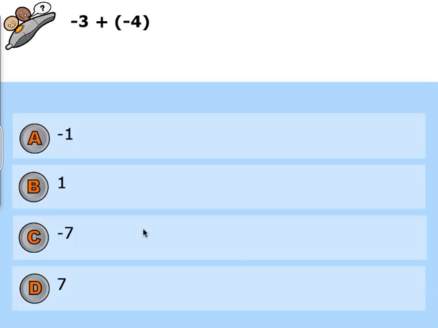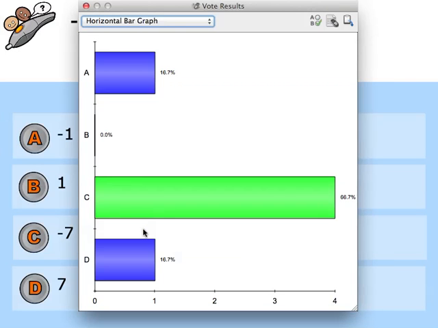A, B, C, or D? All right, the answer is negative 7. Good. The reason why it's negative 7 is you're adding two negatives.